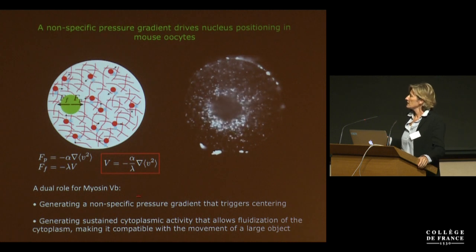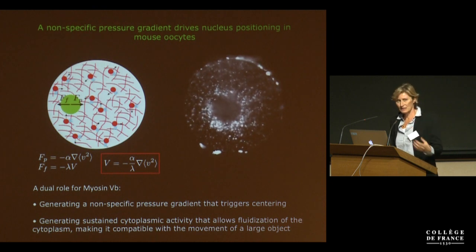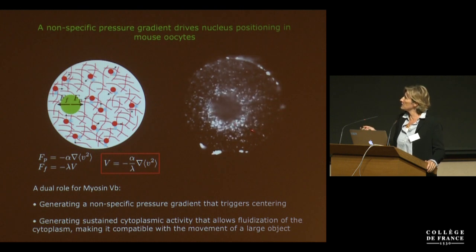And we actually think that this gradient of pressure is non-specific, because if we inject latex beads coupled to fluorochrome, these beads are able to become centered, provided that they are sufficiently big to be able to see this pressure gradient.